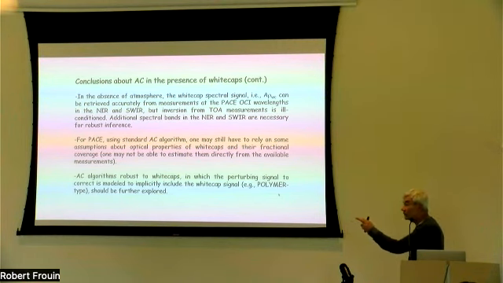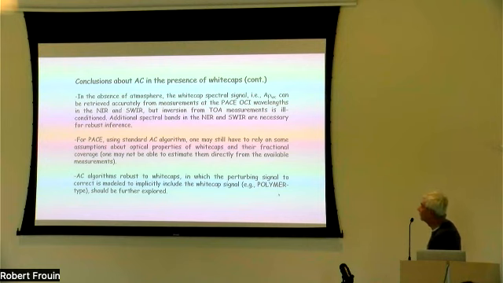You have a question? But you have eventually algorithms that may be robust to white caps, like the polymer algorithm, because the perturbing signal is modeled to implicitly include the white cap signal.